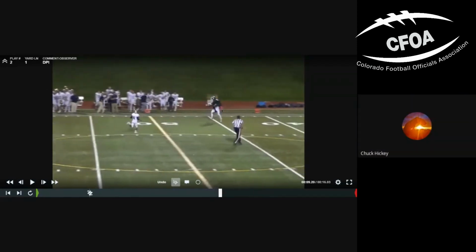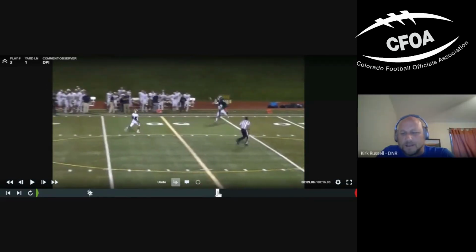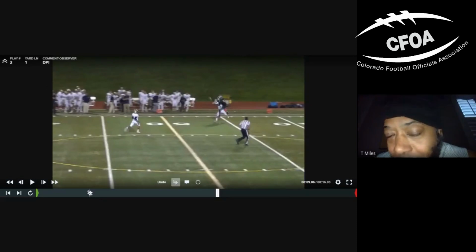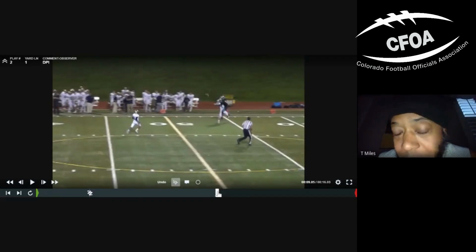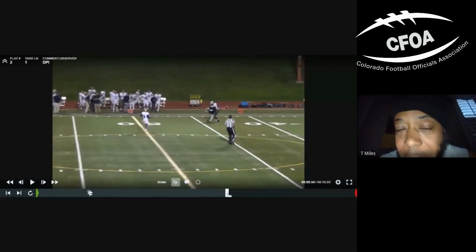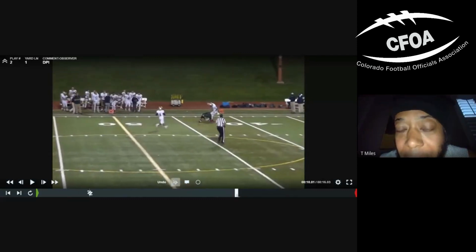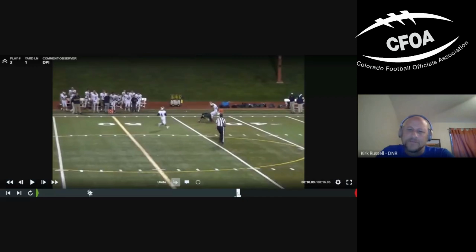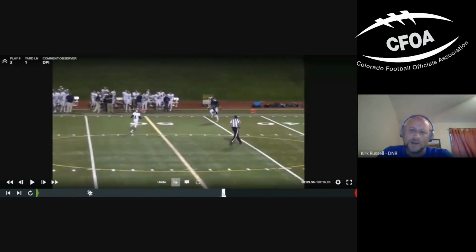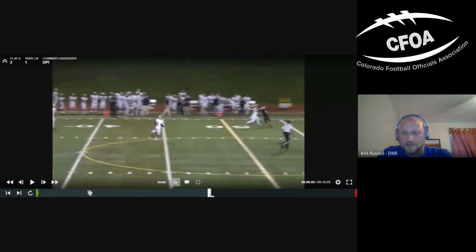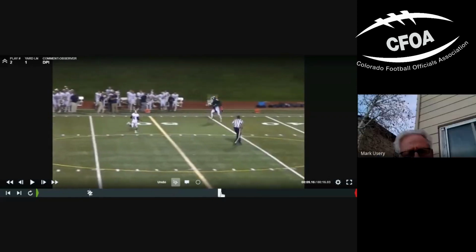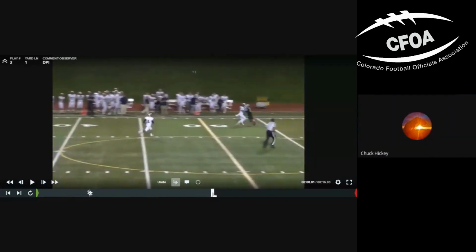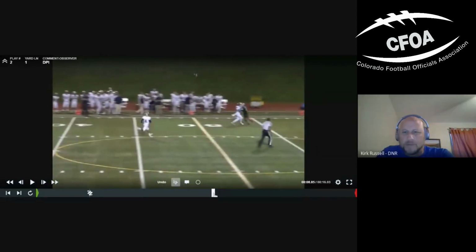I would write it up. If I had to write it up, I would just say, yeah, there was contact, but the receiver created the contact by coming back to the ball on a poorly thrown pass. Do we not give that receiver a chance to catch whatever pass is poorly thrown on the field? They both are entitled to the ball, right?